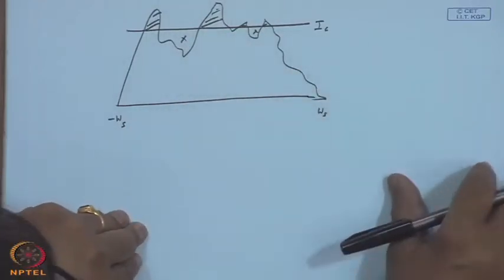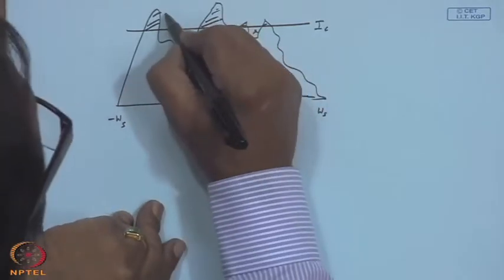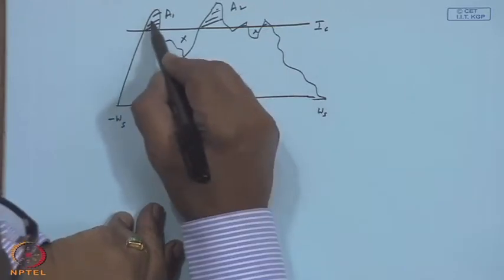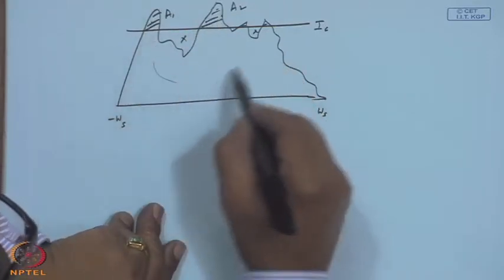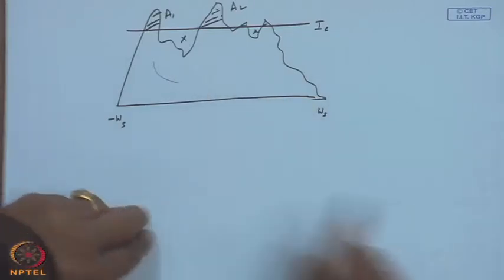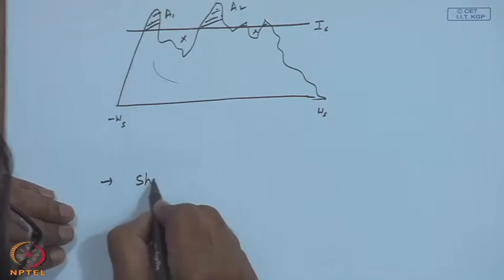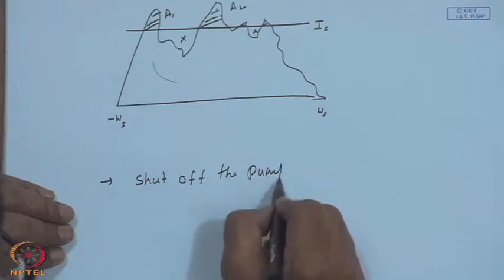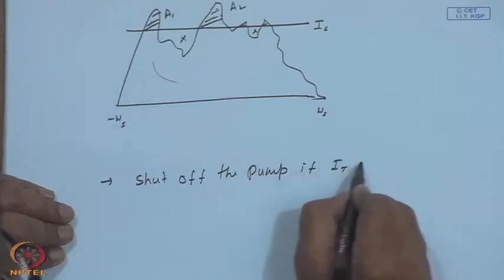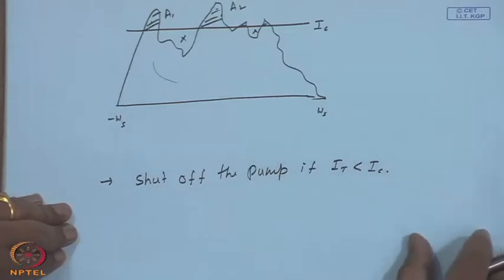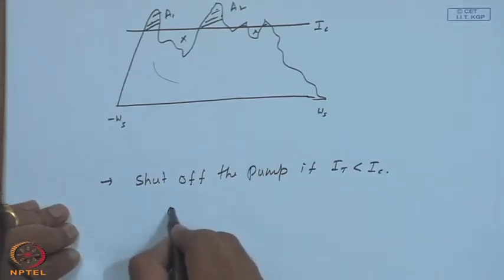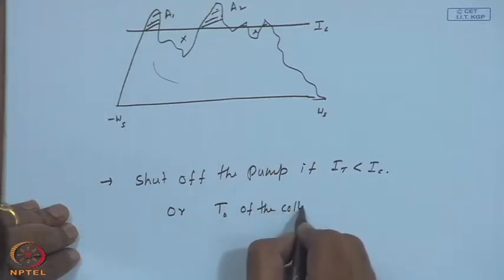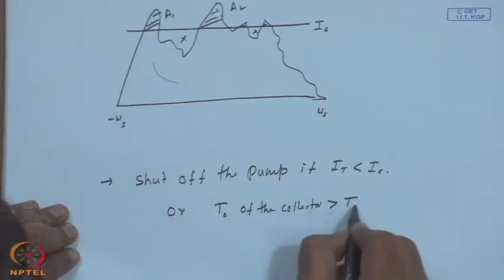In other words, if I give them A1, A2 and the total area, only A1 plus A2 by the total area counts; below the critical level, we have to take off the solar radiation. So, practically it means shut off the pump if I t is less than I c, or T o of the collector should be greater than T I.